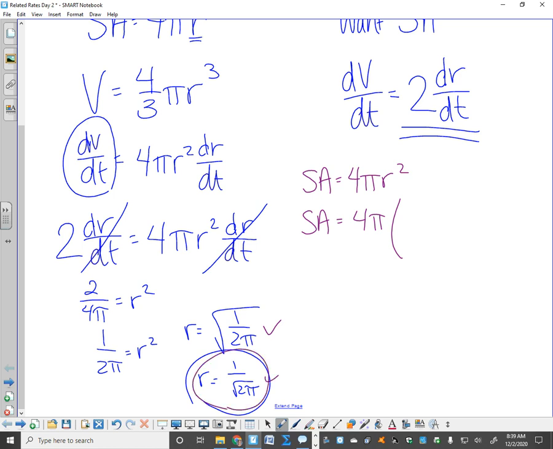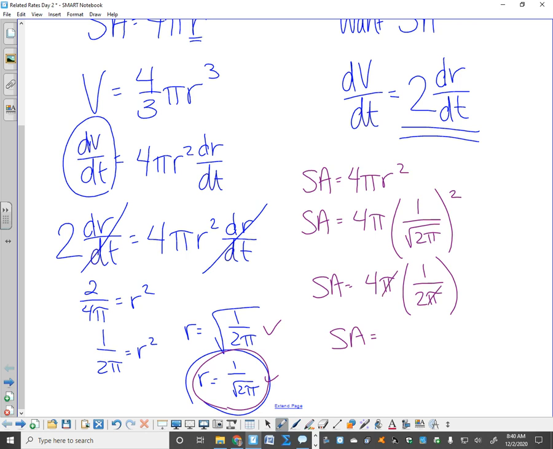I'm partial to that one because I have an issue leaving 1 under the square root. It's going to get squared. The square of a square root just gives you what's inside. Pi's are going to cancel.